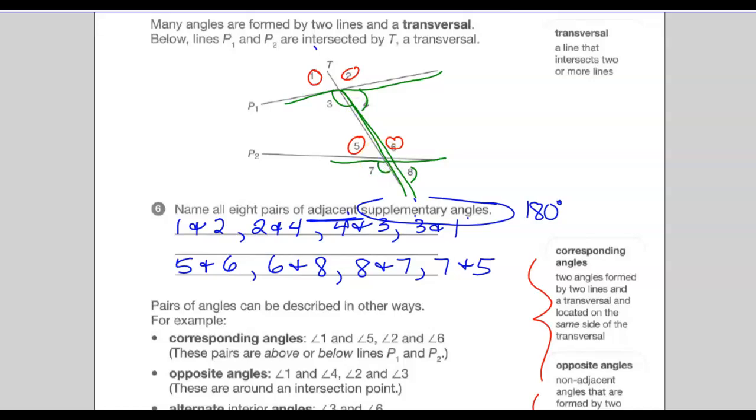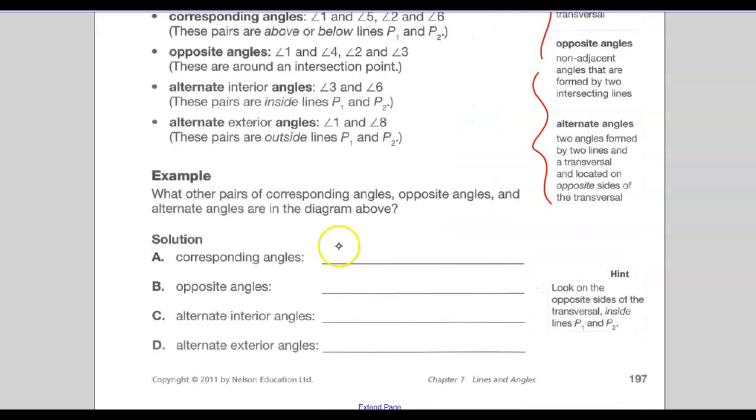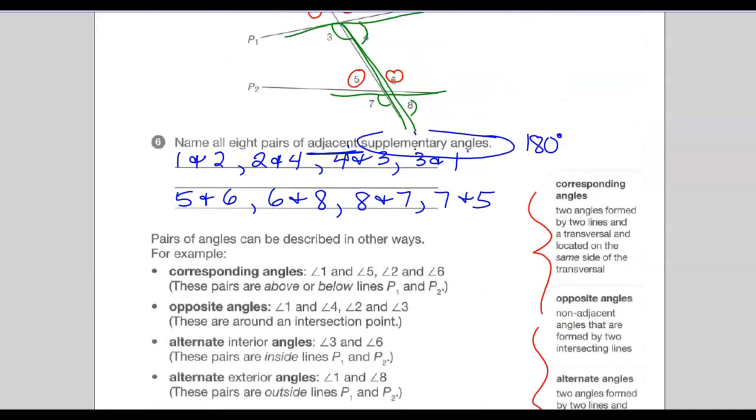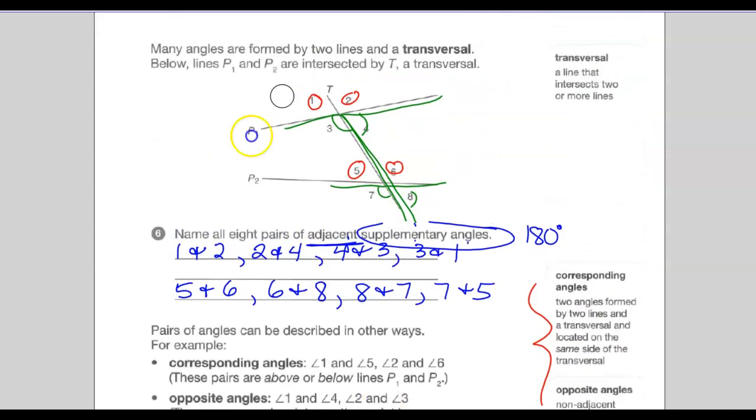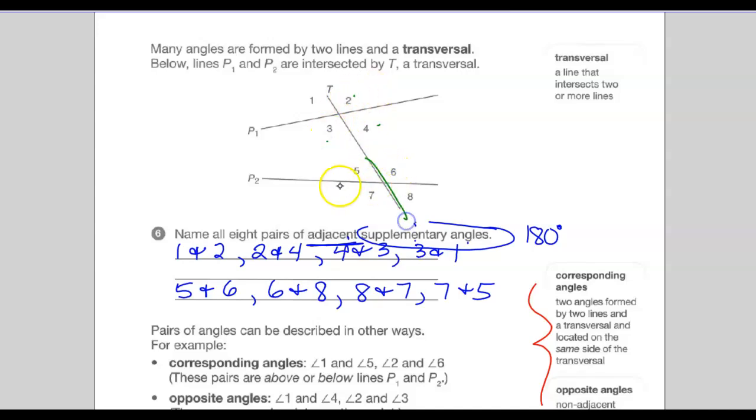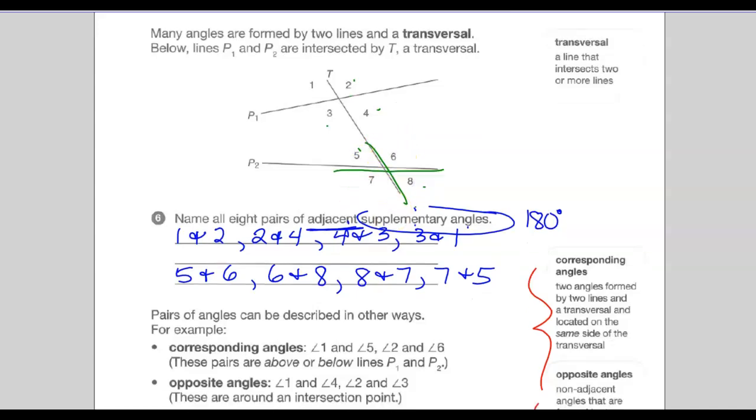So 4 and 8, 3 and 7. And then opposite angles. Well, what were listed? 1 and 4, 2 and 3. So we'll look down at this part of the diagram: 5 and 8, 6 and 7.